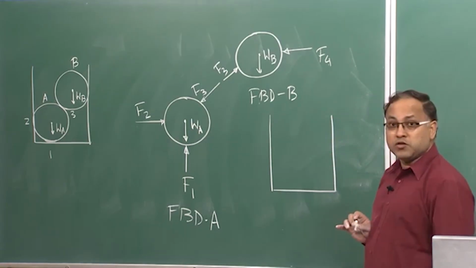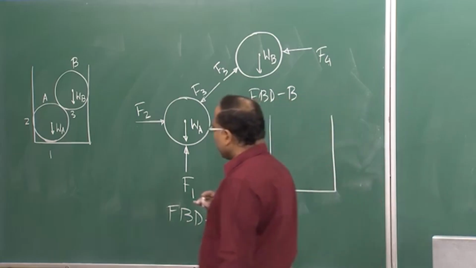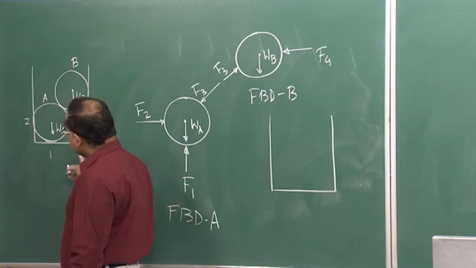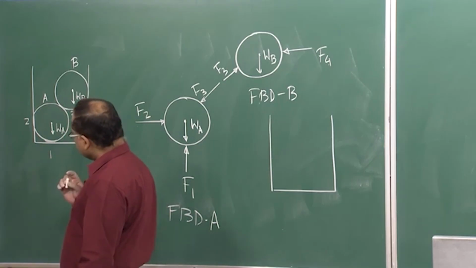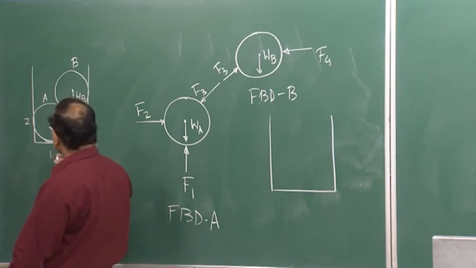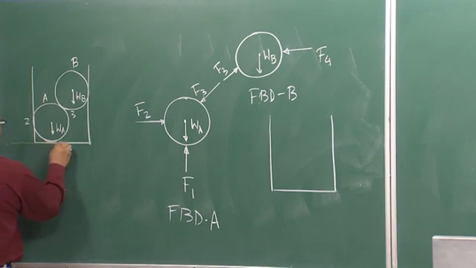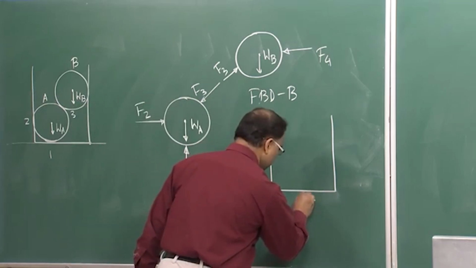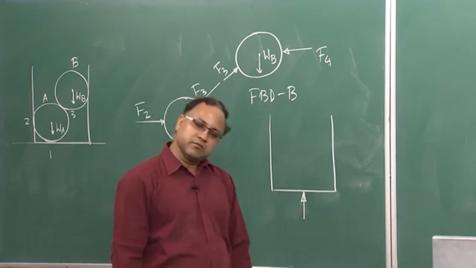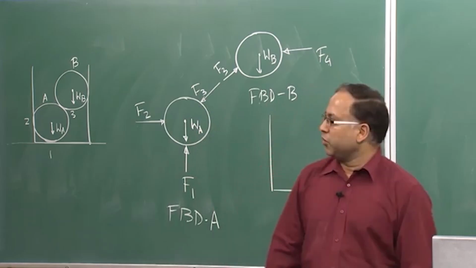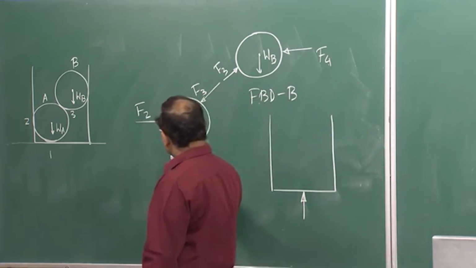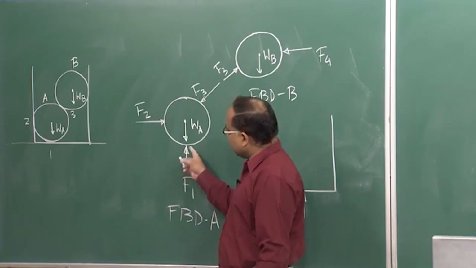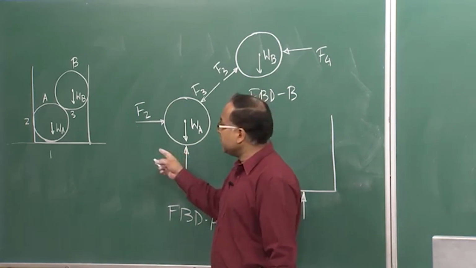So, how will I draw that? First of all, if I say this container is resting on some floor or table or whatever, there will be some reaction force here, agreed? Okay. Now, this F1 is basically replacing this contact point.